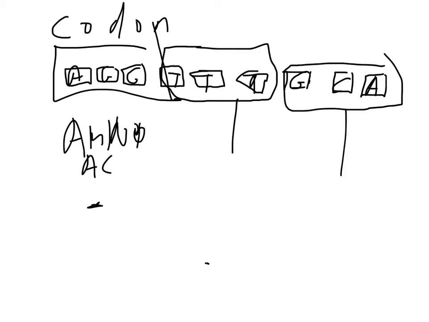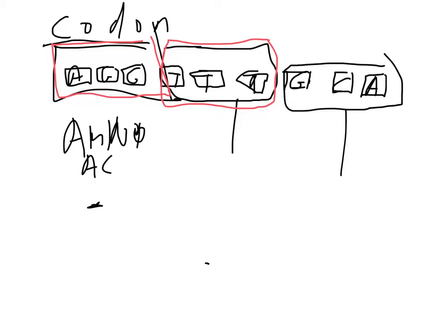You need 3 to make an amino acid. Now, occasionally, I showed this earlier, where we looked at reading frames. So a reading frame is always going to be 3 DNA letters long. If it stays a reading frame, that's good.